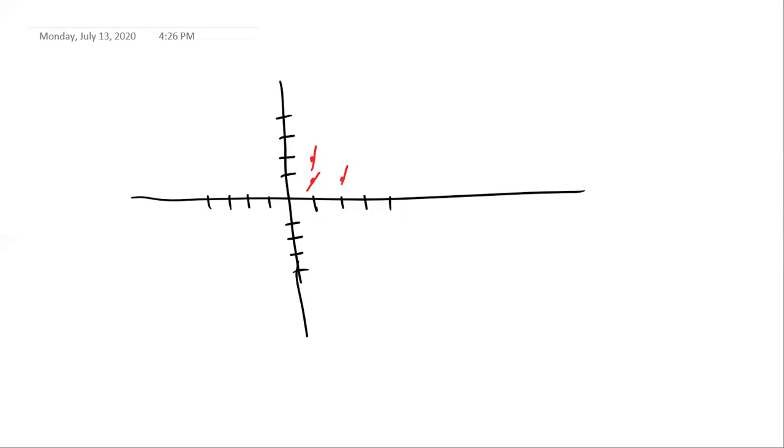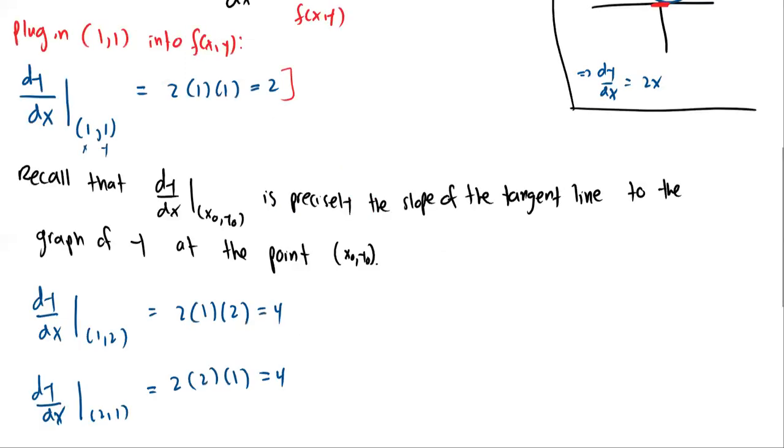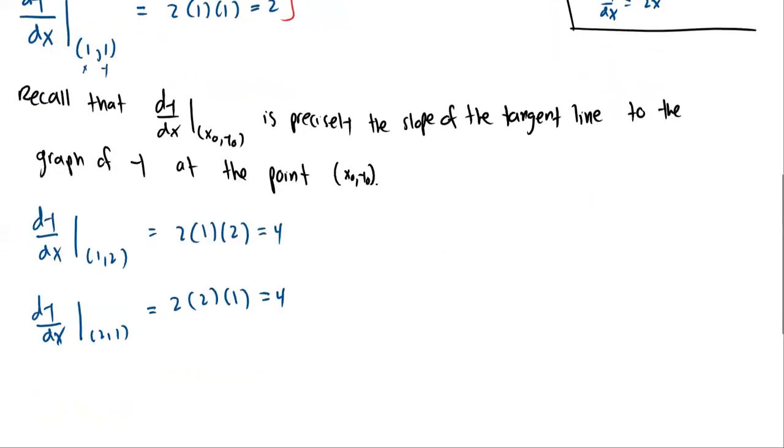Now let's see what happens on the x-axis. Let's say we plug in a point that lies on the x-axis. Notice that on the x-axis, the y-coordinate is 0, by definition. So let's say we plug in a point (x0, 0), so y equals 0. Any point on the x-axis is going to have this form. Let's plug it into our differential equation.